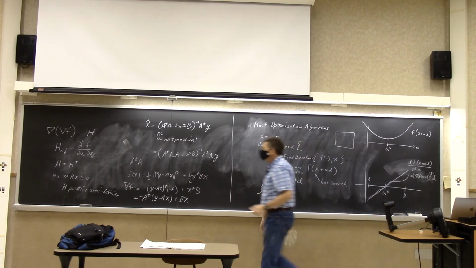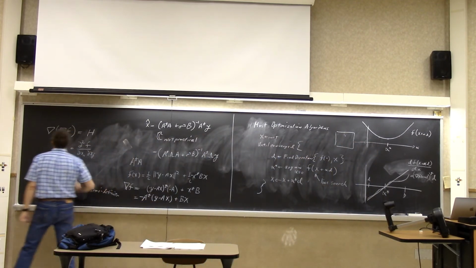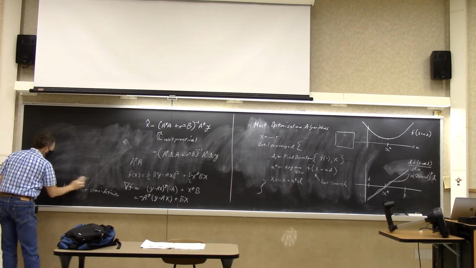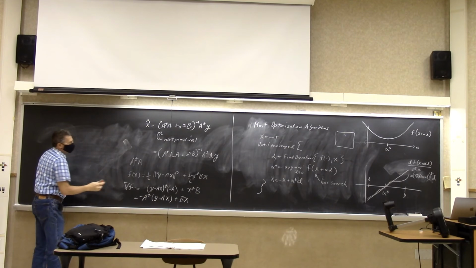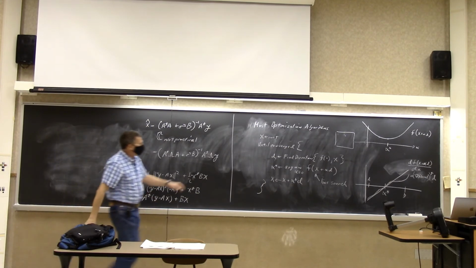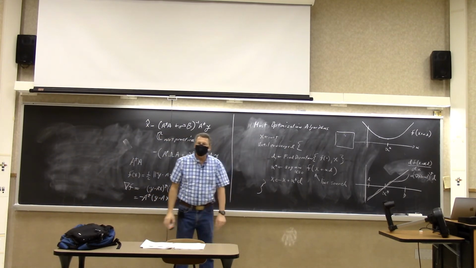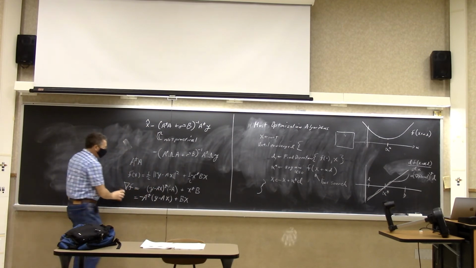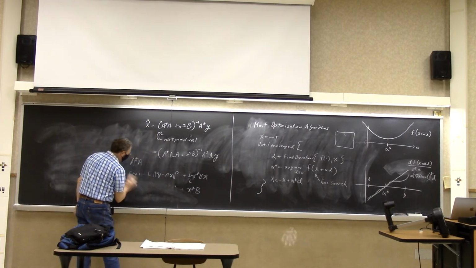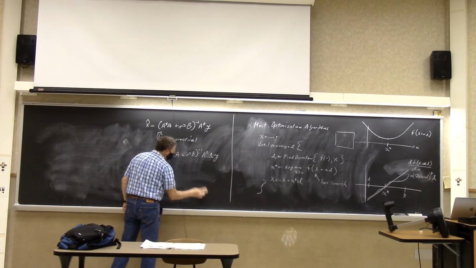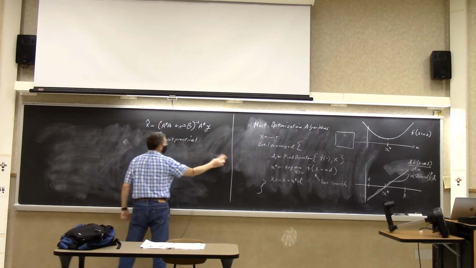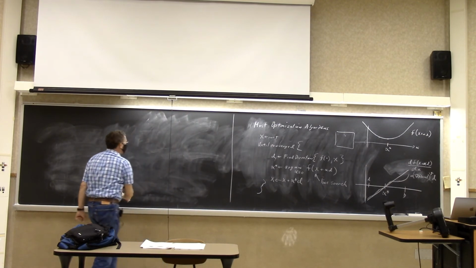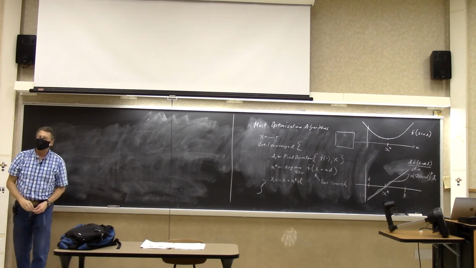Now it turns out that different approaches to computing, particularly to finding this direction, tend to give different characteristics to the convergence of the algorithm. And so the problem is that there isn't a one-size-fits-all that works for every case. And that's why you need to know something about the optimization algorithms.